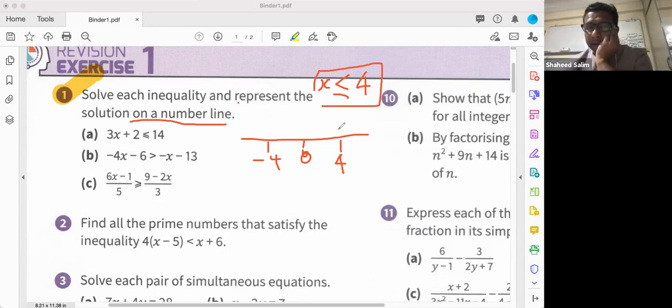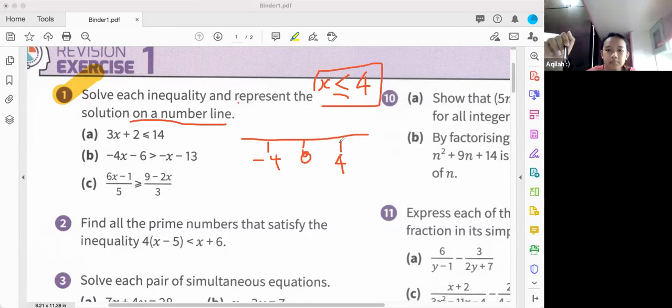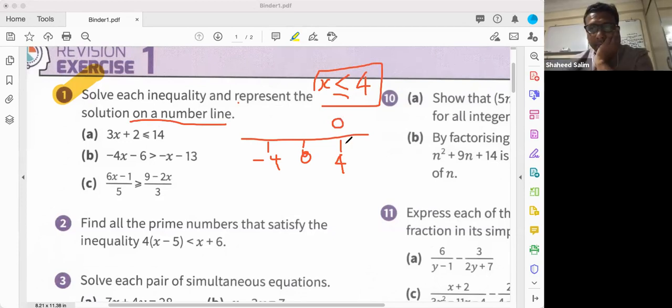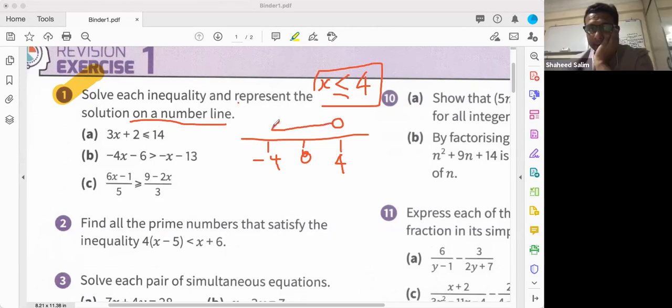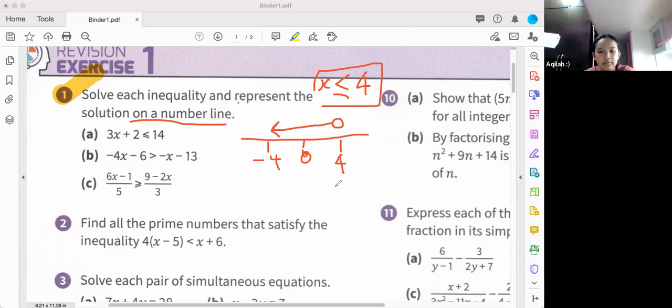Make a line. Yeah. What do I do? Cross, put a circle? Put a circle. Put a circle and then? And then put an arrow backwards. Yeah. Like that. Yeah. So is it okay? That's the answer? Yeah. Okay, what you have shown is the answer for this.